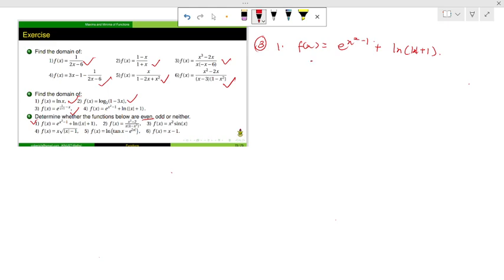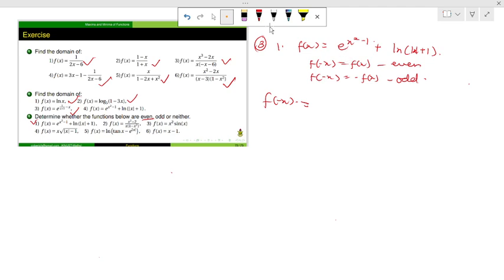Remember that for an even function, f of negative x is equal to f of x. For an odd function, f of negative x is equal to negative f of x. Then neither is when you don't see either of those. Now, the only thing you have to do is find f of negative x. That's all. What is f of negative x?